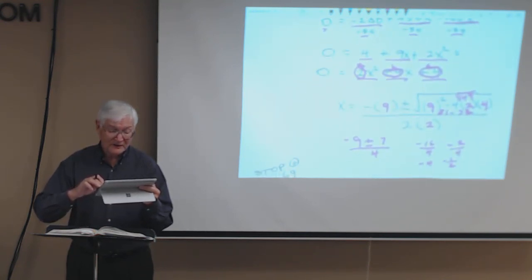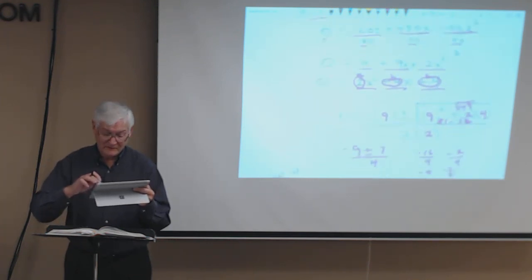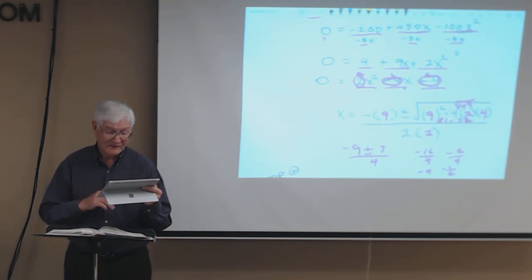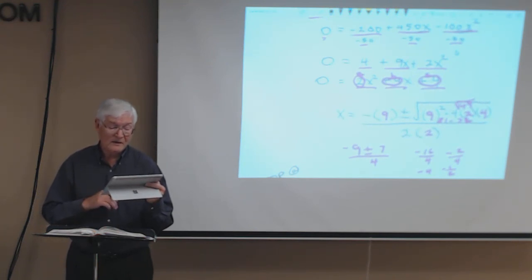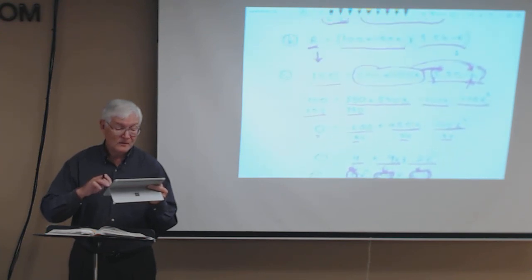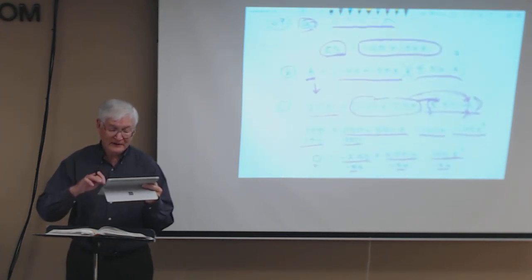Did I make a mistake in here somewhere? What do they show for an answer in the back of the book? I might have made a mistake on this one.